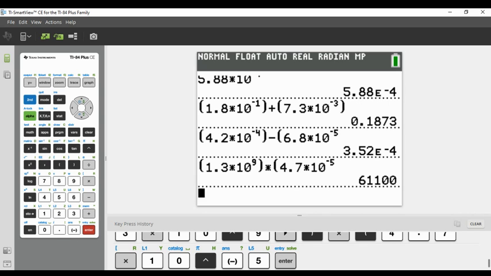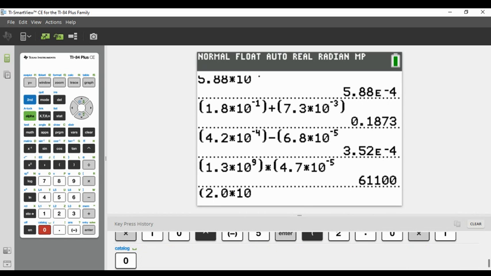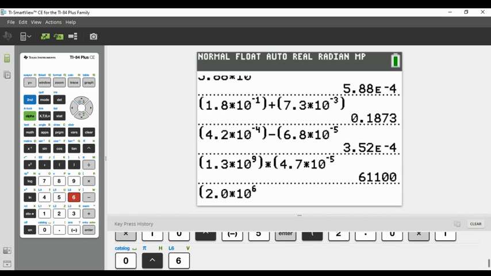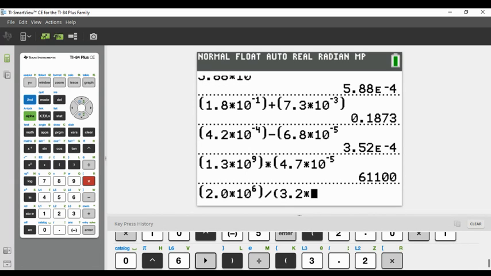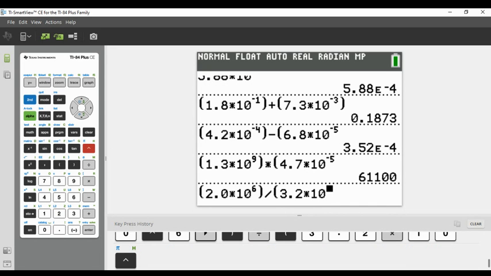Last one, parentheses. We have 2, and you can put the 0.0 as optional, times 10 to the 6th, divided by parentheses 3.2 times 10 to the negative 7.